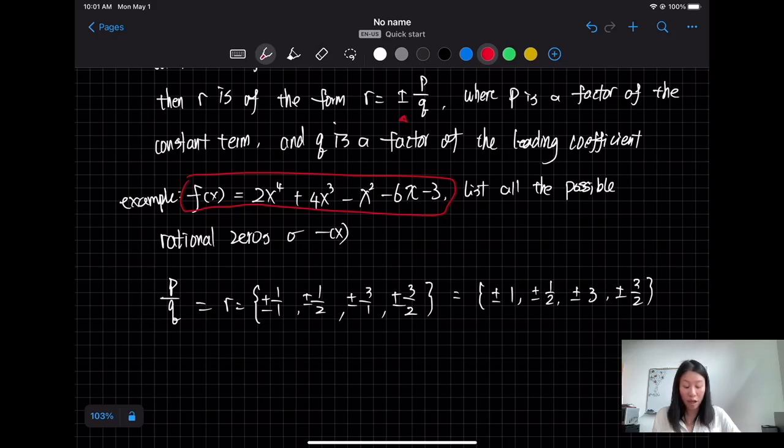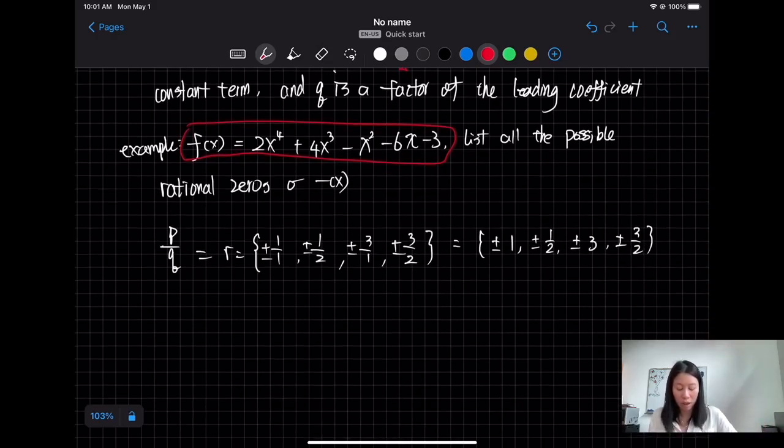If we have all of these possible roots, at least we know where to start with synthetic division. For example, I can say let's use synthetic division, since I know the root could be positive or negative 1, 1/2, 3, or 3/2.